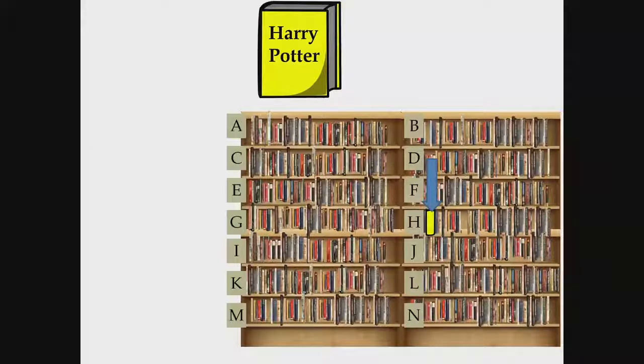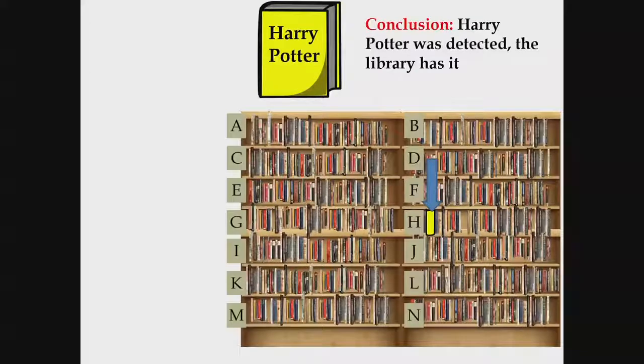So just like this, let's say you knew how the library was organized. If you knew it was organized alphabetically, you could say, look, I can go very specifically to a specific place in the library, and in that small area where it was expected, I can say whether or not the library has it. If you have fewer priors, like if you don't know how the library is organized, then you end up spending a certain portion of your time looking randomly around the library to see whether or not you have it.